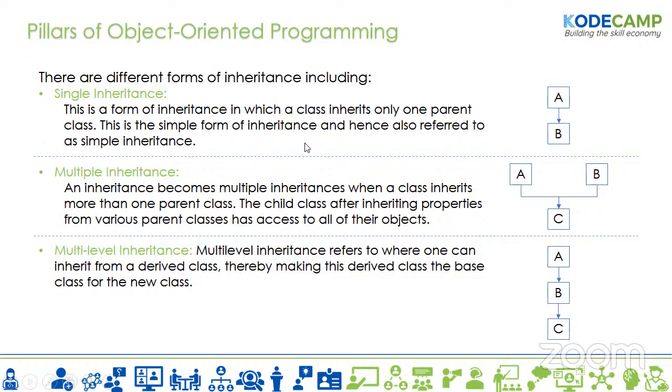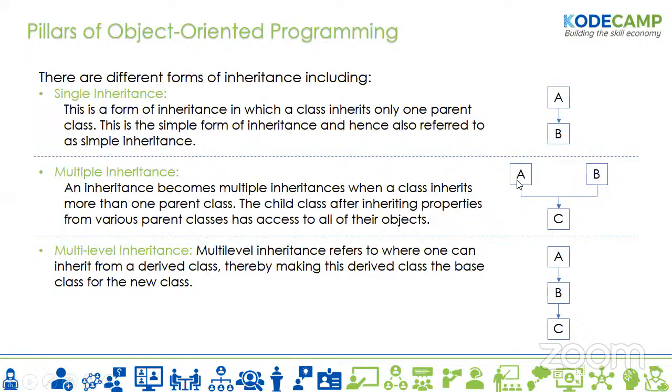The next we have is the multiple inheritance. An inheritance becomes multiple inheritance when a class inherits more than one parent. So it could be 2 or more. Now the child class, after inheriting properties from the various parent classes, has access to all their objects.